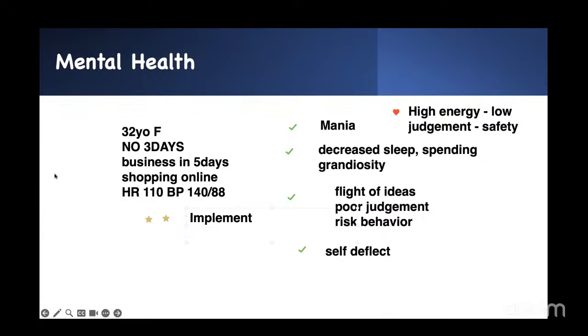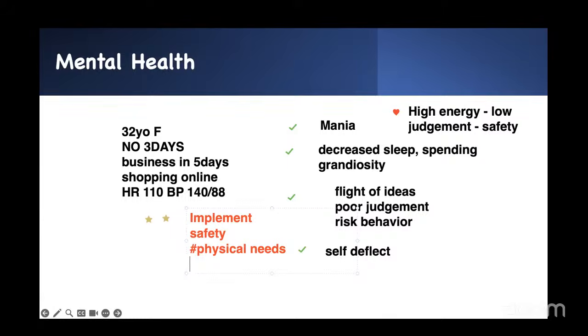Now, we want to implement some therapy for this patient in a hospital. What kind of therapy will you institute? I already talked about safety, so we have to do that. What else would you expect the provider or the nursing care team to include? And the number one, you already know, is physical needs. We have to provide for physical needs as much as possible.